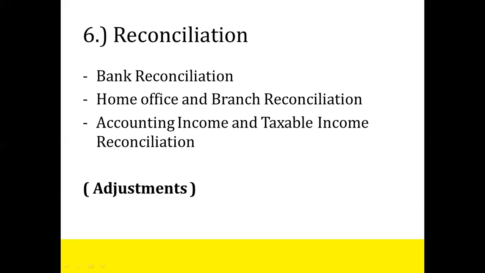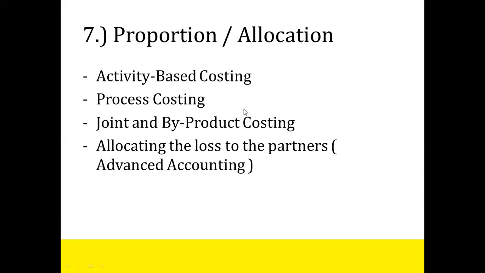And then last naman is proportion and allocation. Kasi sa accounting, we need to allocate cost. We need to allocate losses. Or we need to allocate revenue to different performance obligations. So, kung napapansin nyo, sa accounting, maraming topics na related sa allocation.